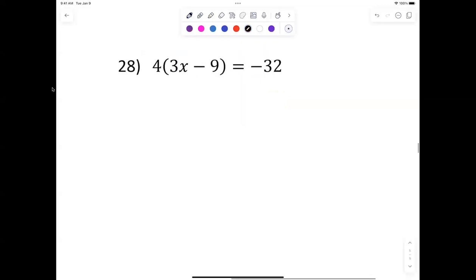Now everybody take a look at 28. What could I do? Can you do the fraction more? Yeah, you could divide by 4. Dividing by 4 just makes it easier. You don't have to. You can distribute the 4. Will you get the same answer? Yes. But I'm interested in saying, wow, I understand numbers better. If I can divide by 4, I'm going to make the number smaller.